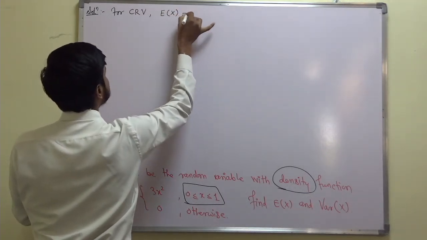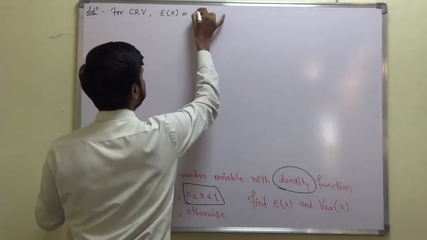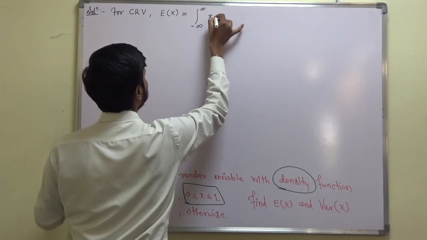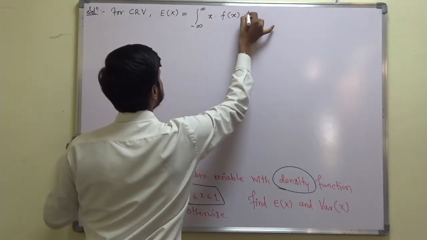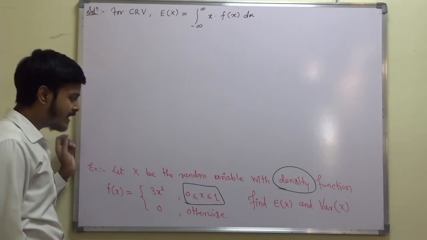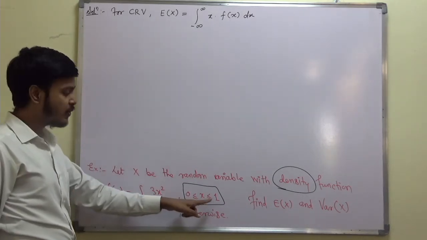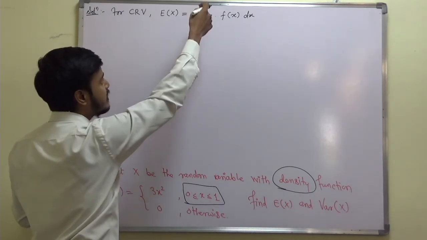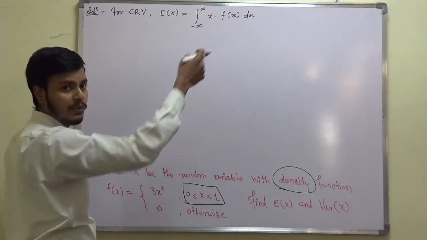Expectation of x is nothing but the integration from minus infinity to infinity of x into f of x dx. But as you can see here, the range is given as 0 to 1, so you can break this interval into minus infinity to 0, then 0 to 1, then 1 to infinity.